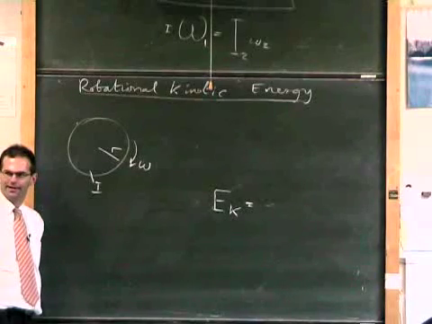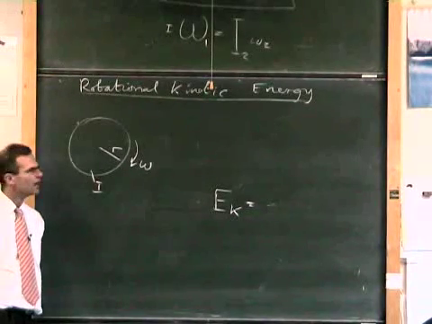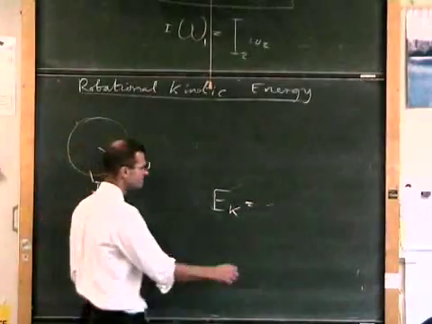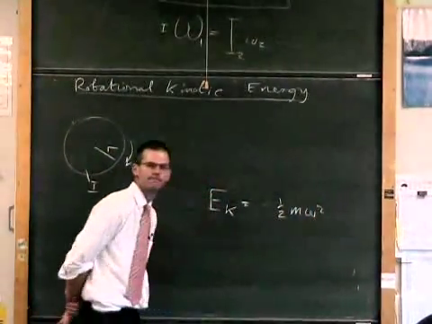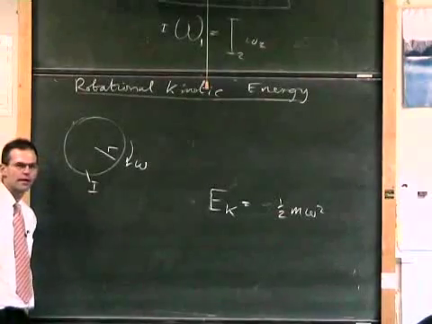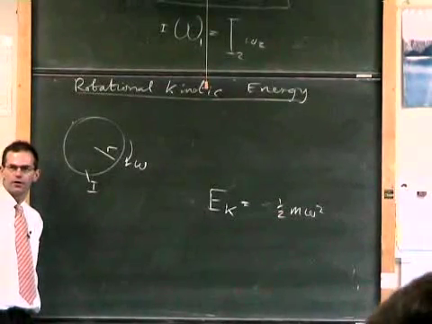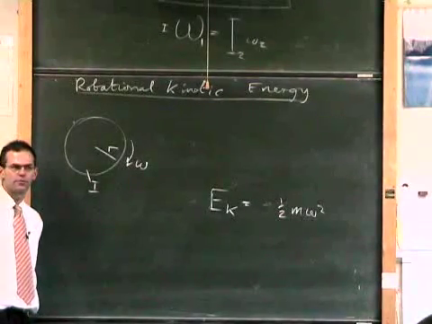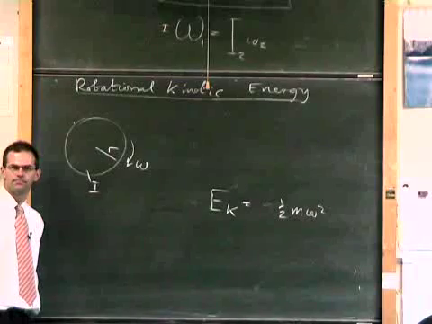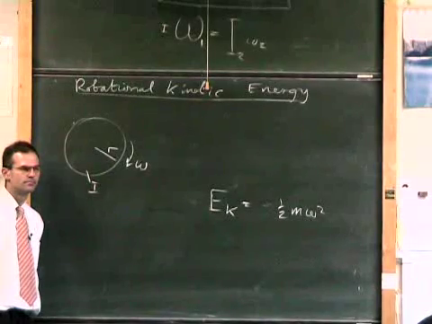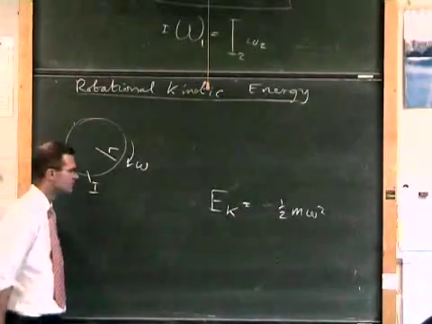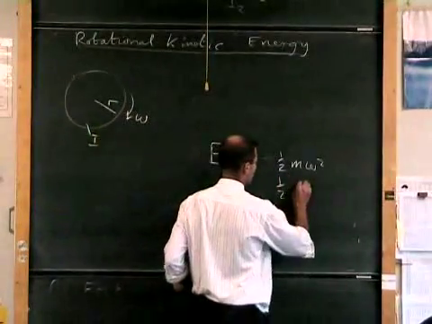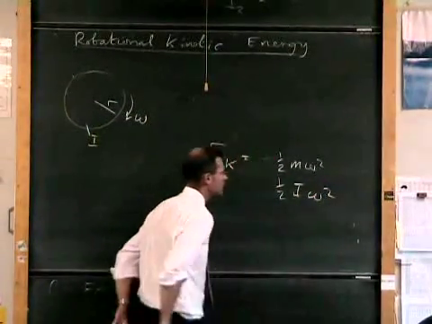Anna? Half m omega squared? That's one guess. Another blue sky guess for what you think rotational kinetic energy would be. Chris is coming up with half I omega squared.